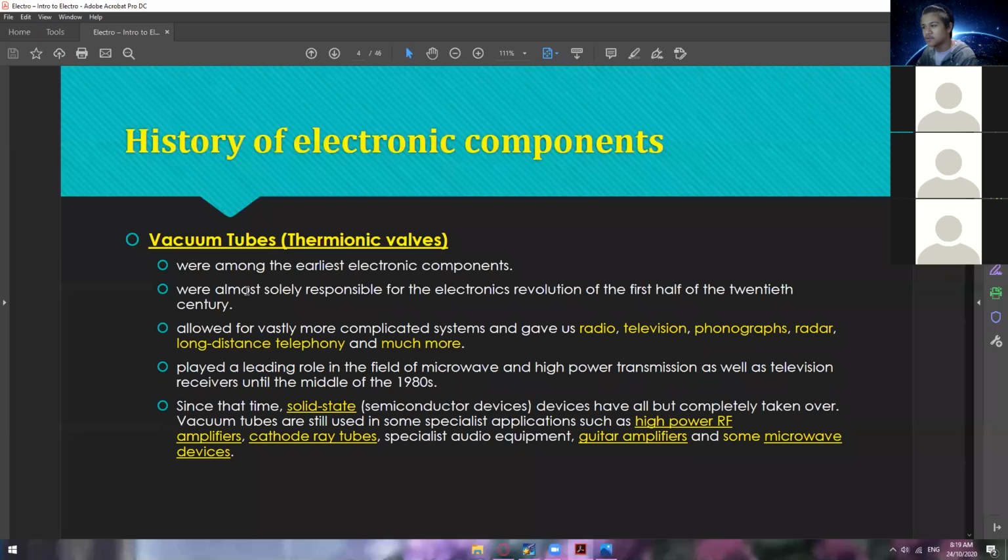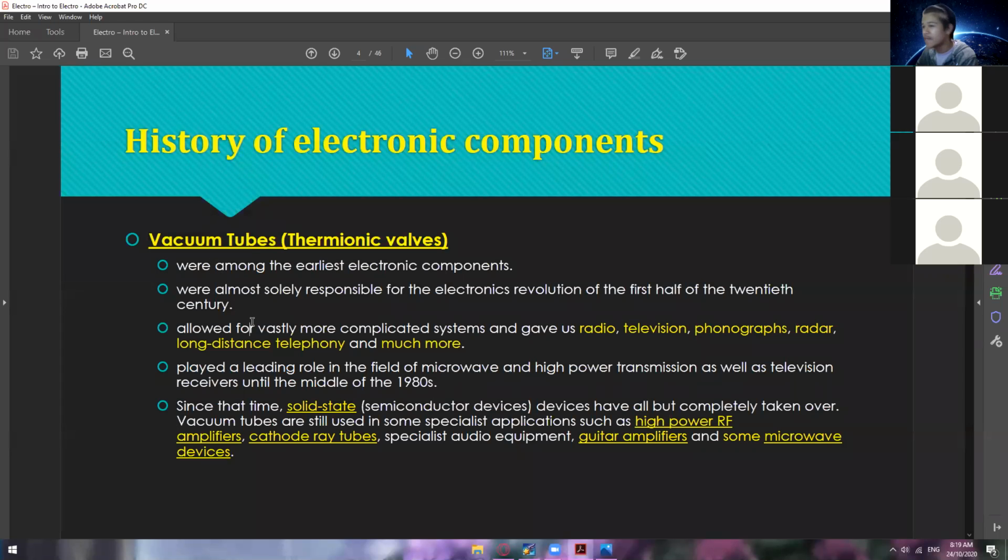As some of you may recall, some of our TVs before, at the age of maybe 6 or 7 years old, were fat, large box TVs using a CRT or cathode ray tube, which of course has vacuum tube technology. That is one good example of the usage of vacuum tubes.